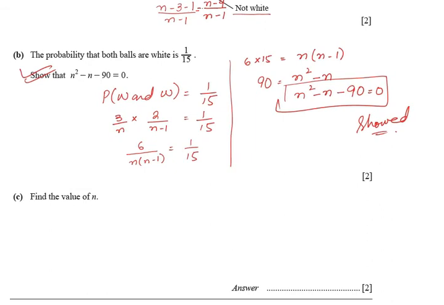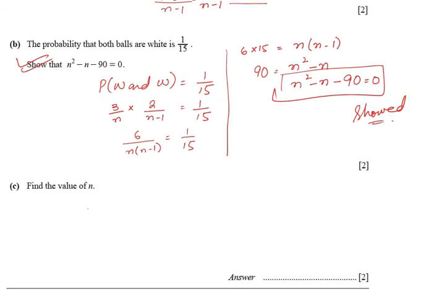Now here we have the quadratic equation n square minus n minus 90 is equal to 0. So if we break the middle term, in the middle one we have just 1, and when we multiply two numbers we must get 90, and when we subtract those two numbers it should be 1.